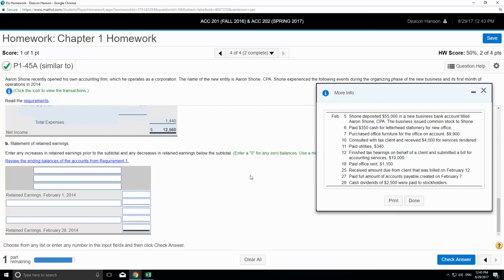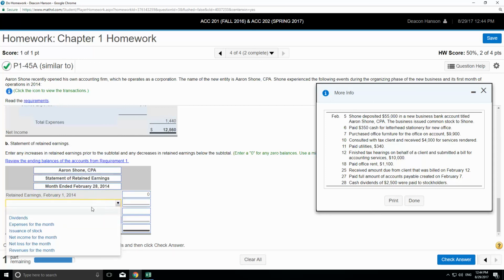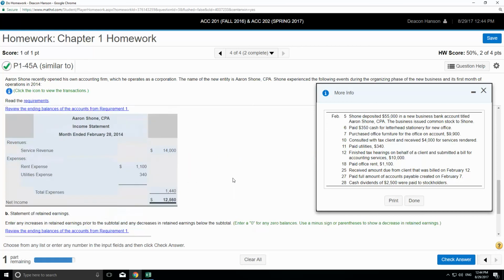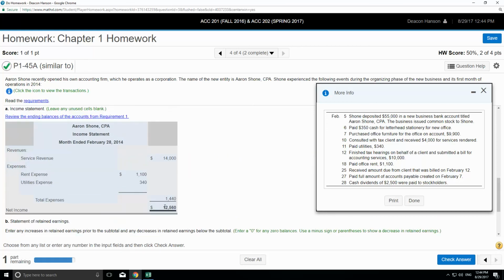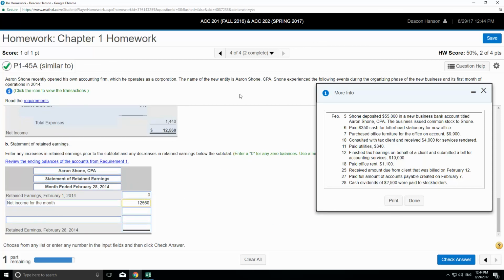Okay. Then what's the next statement after the income statement? Statement of retained earnings. So we'll head that up. It's a brand new company, so they didn't have any retained earnings to start. And they had net income for the month coming from the income statement of 12,560. So there's a subtotal of 12,560. Now, were there any dividends?